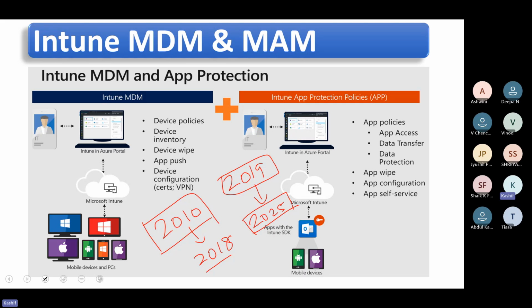People started migrating from SCCM to Intune, from other third-party tool to Intune. Why? Because Intune supports Windows devices like Windows 10 and Windows 11, MacBook, Android, Windows Phone, then Apple iOS devices plus Linux. So all leading operating systems Intune supports.